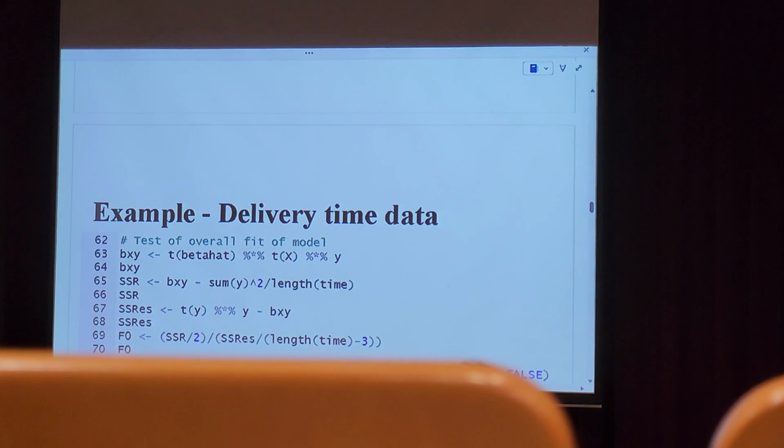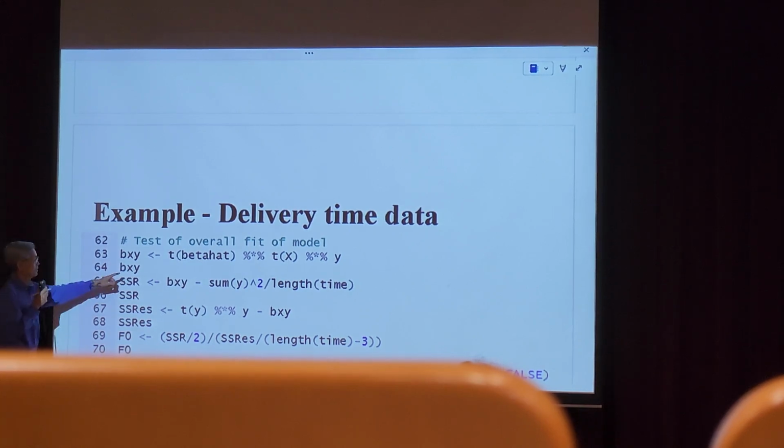So next, I'm going to use the delivery time data to show you how to find this F naught using first principles, and also using the lm model. For example, I want to test the overall model.